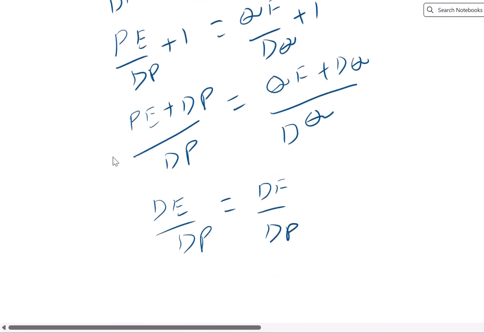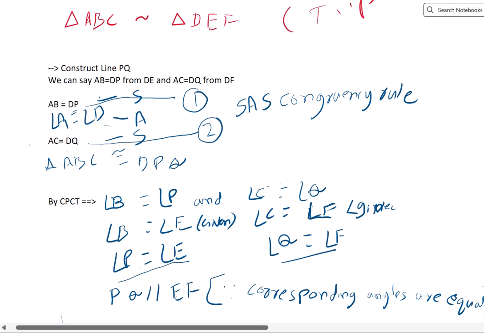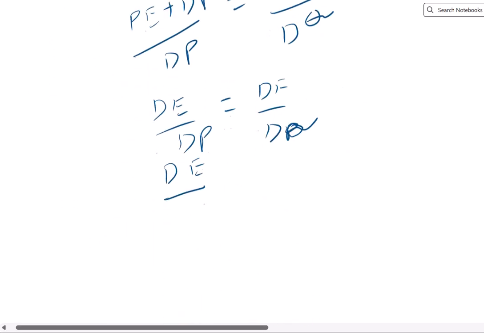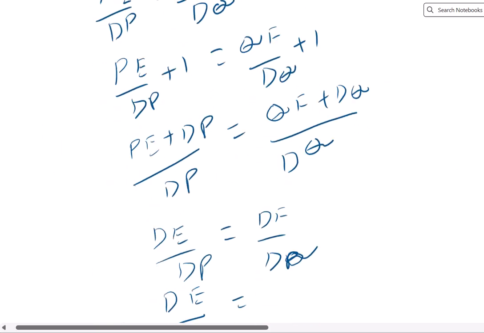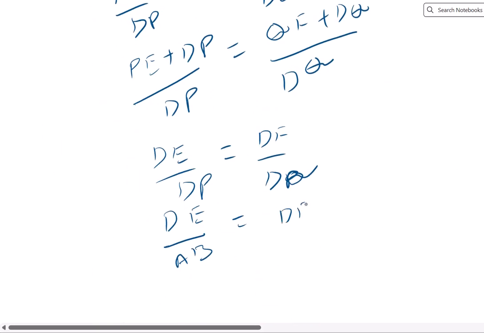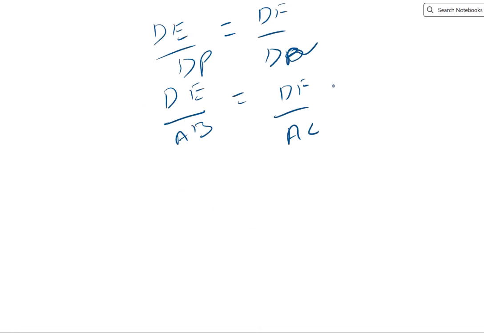So now DE by AB, and DF by AC. Now one more time we are writing this reciprocal, by equations 1 and 2.